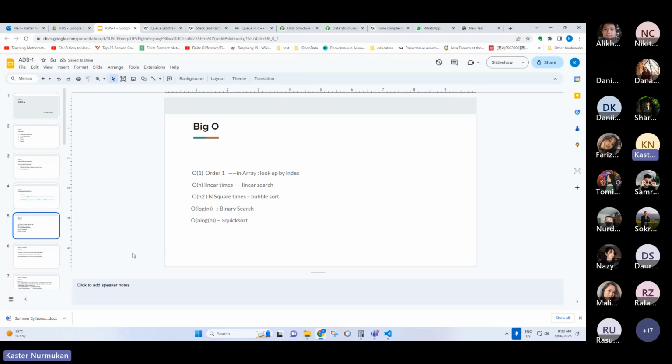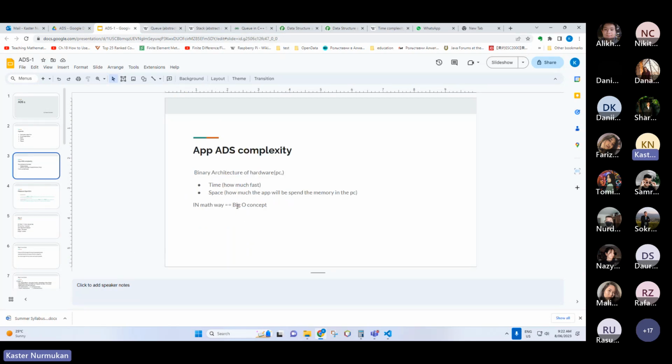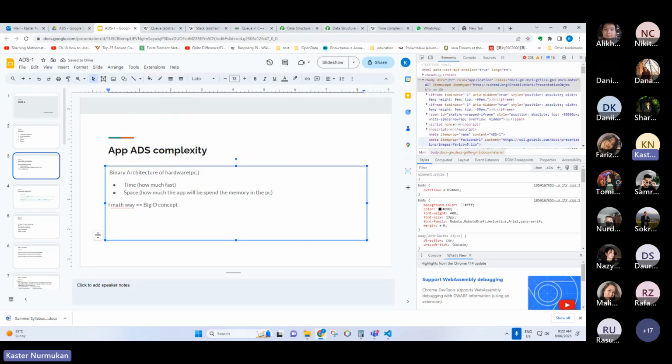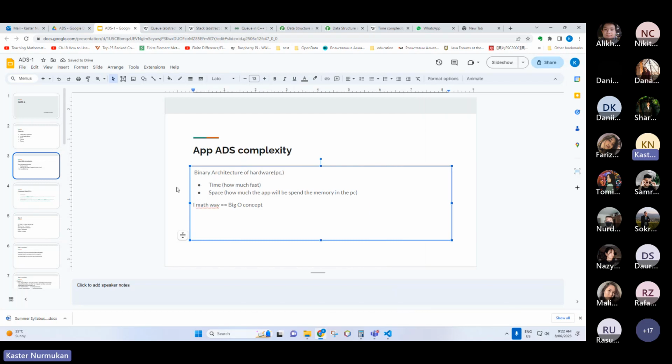So let's talk about the big O concept in a mathematical way, because mathematics is usually the most direct, simplest, and shortest way to represent everything. So that would be good.